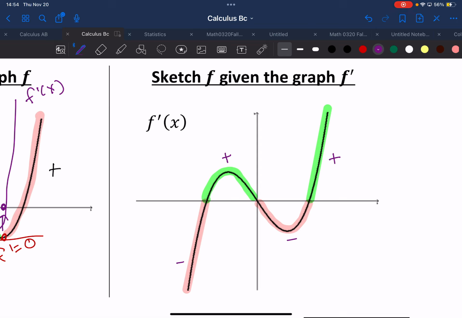Okay, so what this is telling me is that when I draw my function, it's going to go down, right? Because the first part of this function is negative. So I know the first part is going to start going down.